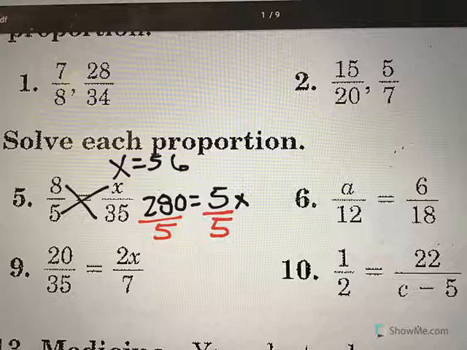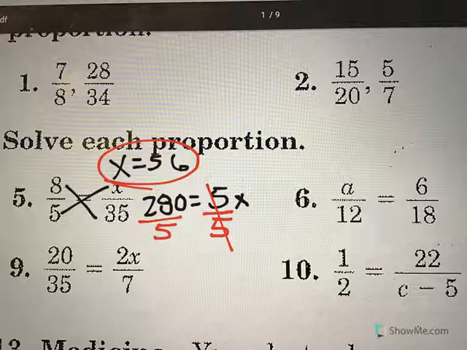Just like in a fraction with the property of 1, whatever you do to the top, you do to the bottom. On an equation, whatever you do to the right side, you do to the left side. So 5 divided by 5 cancels out, gives you 1, and 1 times x is x. And then 280 divided by 5 still gives you 56. So again, if you look at number 5, sometimes you can use the property of 1: how do I go from 5 to 35?